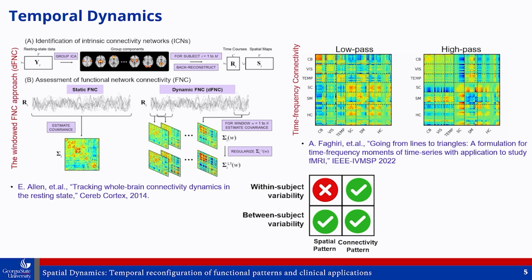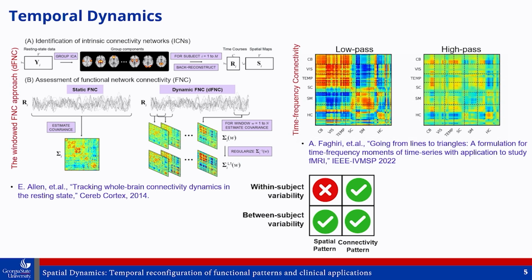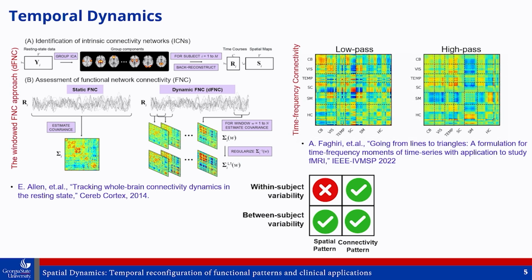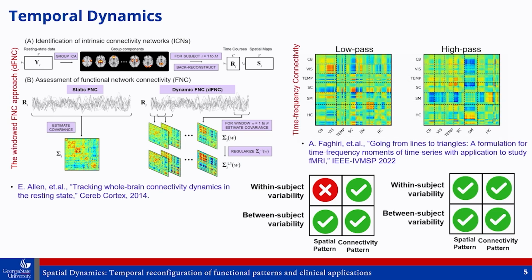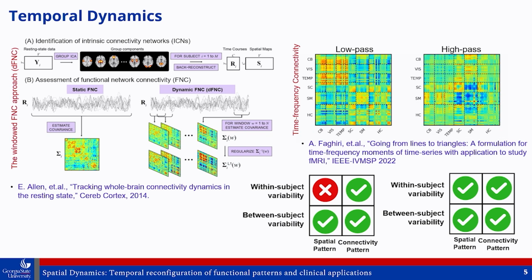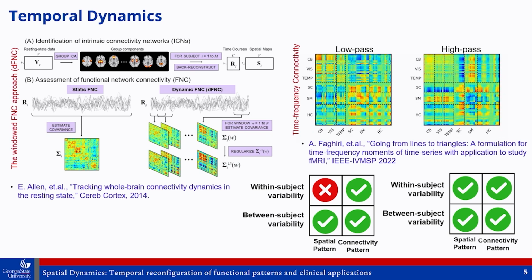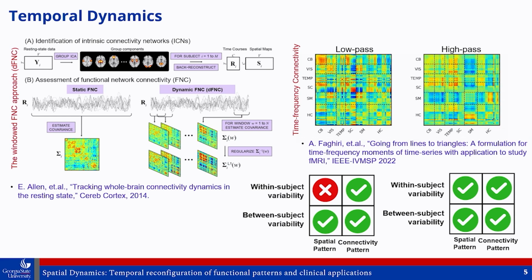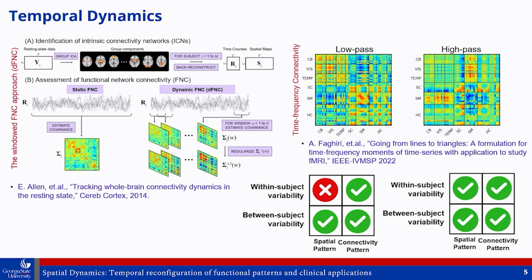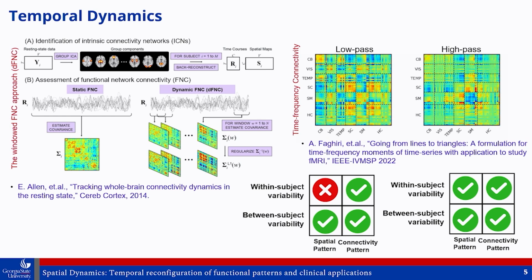After all, the brain is dynamic, and we can have variation in regional contribution. That is the focus of spatial dynamic analysis: to identify and capture these spatial variations of functional sources. And keep in mind, as I mentioned earlier, accurate estimation of these functional sources is essential to have a good and optimal estimation of functional connectivity as well.